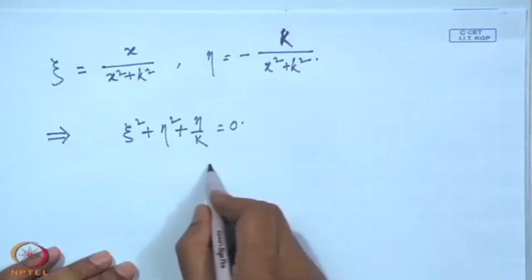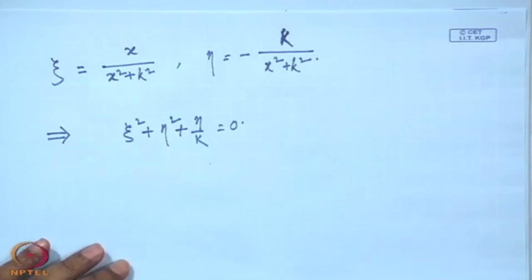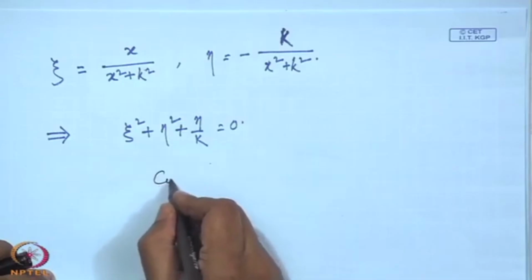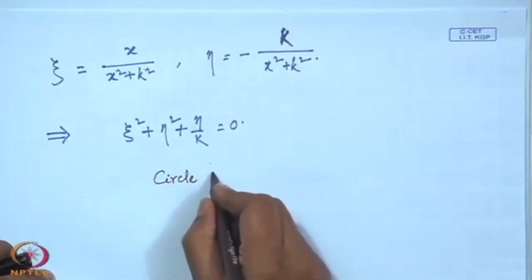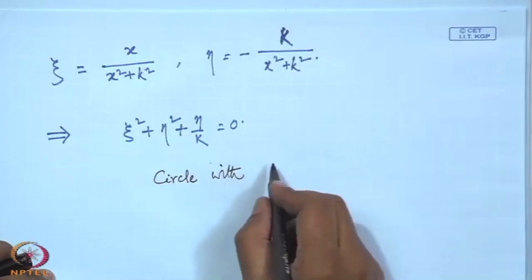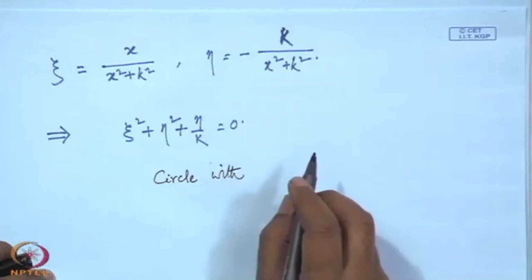So, on the zeta plane, these uniform flow streamlines are circles. Circle with radius and center what?